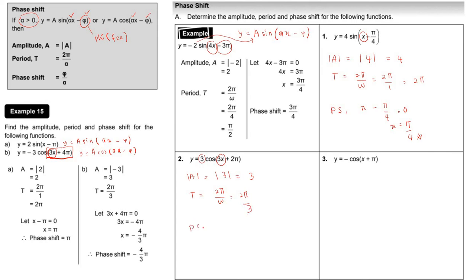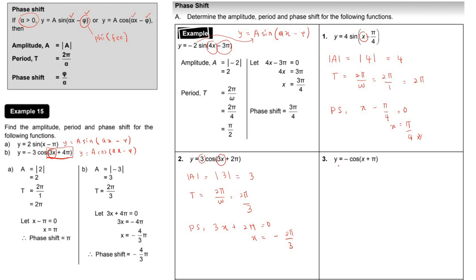And then phase shift. Take everything inside the bracket. 3x plus 2 pi equals 0. x equals negative 2 pi over 3. And that is our phase shift.